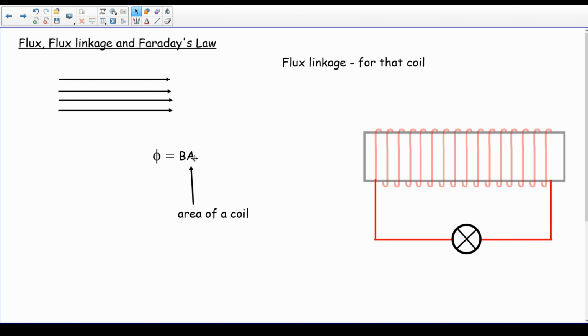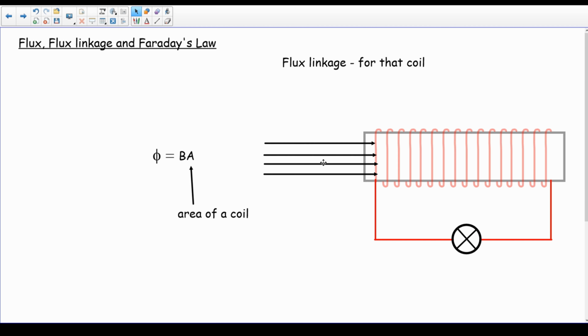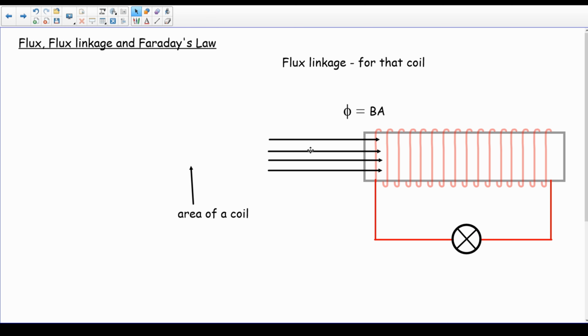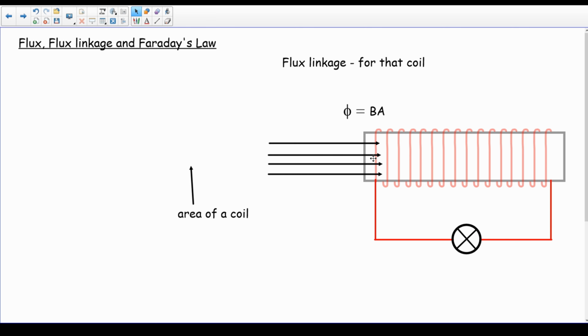B remains the magnetic field strength of our field, and for the sake of argument for the rest of this, we're going to assume that our magnetic field strength is nice and constant. It's nice parallel lines of magnetic flux. We can do more complicated stuff later, but we'll deal with nice parallel lines here. Okay, so what we would then be able to say is, well, the total amount of flux traveling through this particular coil is the flux density, or the field strength, B, multiplied by the area A.